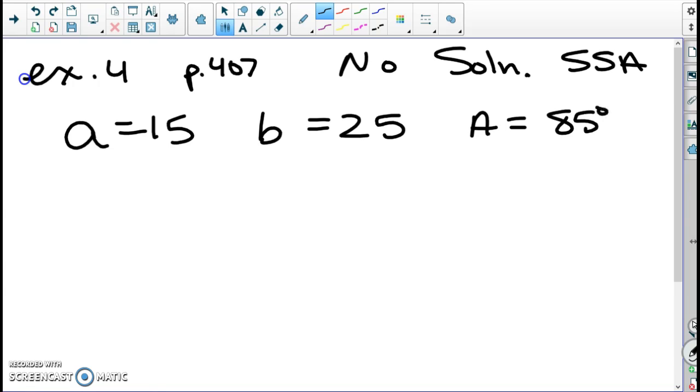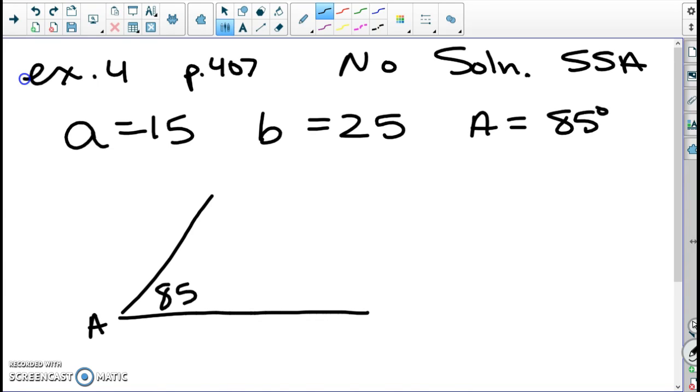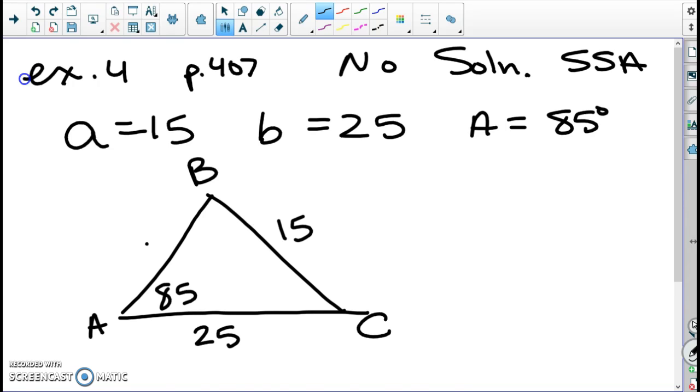Angle A is 85 degrees. So let's go ahead and show this. We've got an acute situation, 85 degrees, and this is A, so opposite side would be 15. We can make this angle B, opposite side is 25, angle C, and small side C.